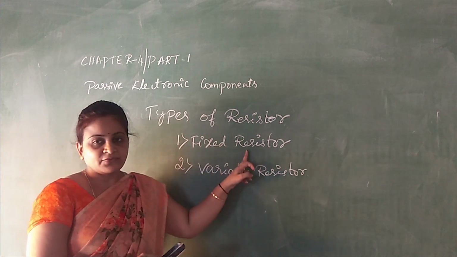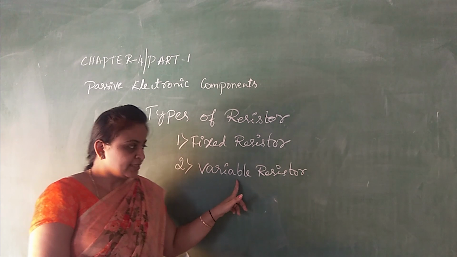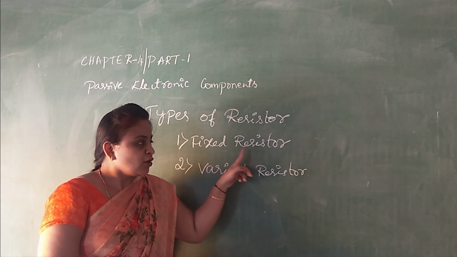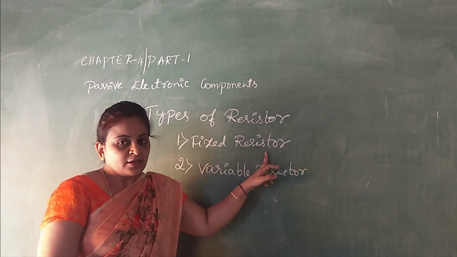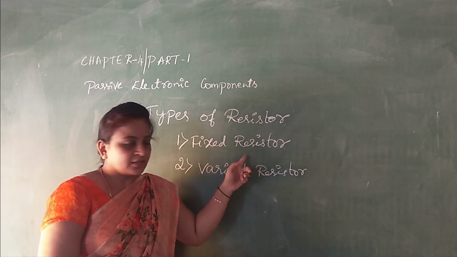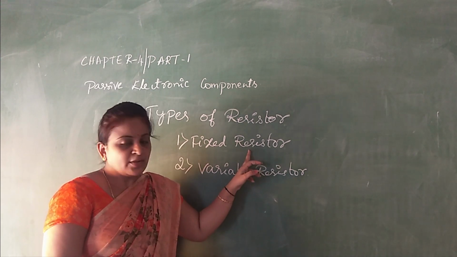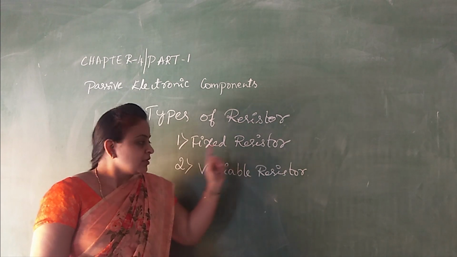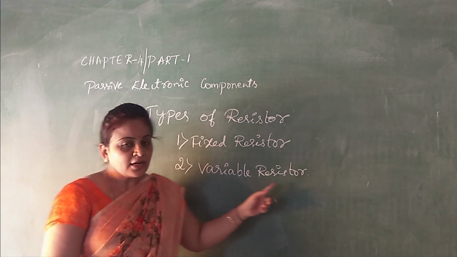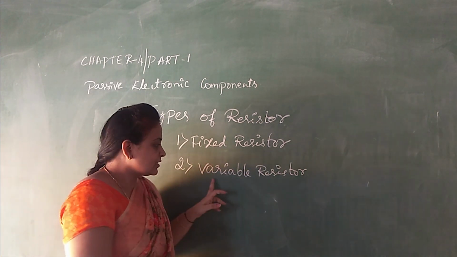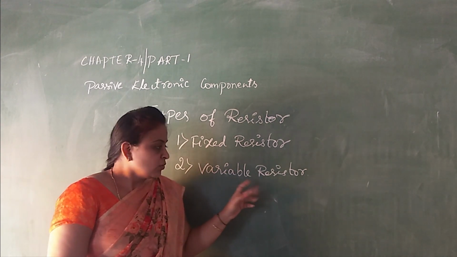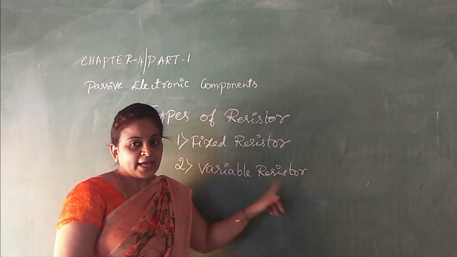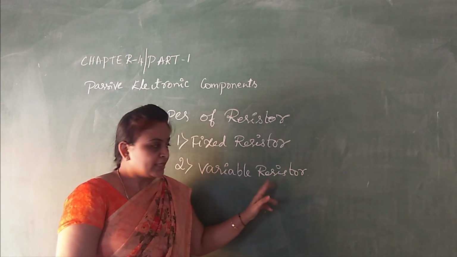First one is fixed resistor and the second one is variable resistor. Fixed resistor means the value of the resistor is fixed. That means there is no change, but there will be a slight change due to temperature variation. Next we have variable resistor. Variable resistor is one whose value is changed. The value of the resistor is changed over a specified range, that means a given range.